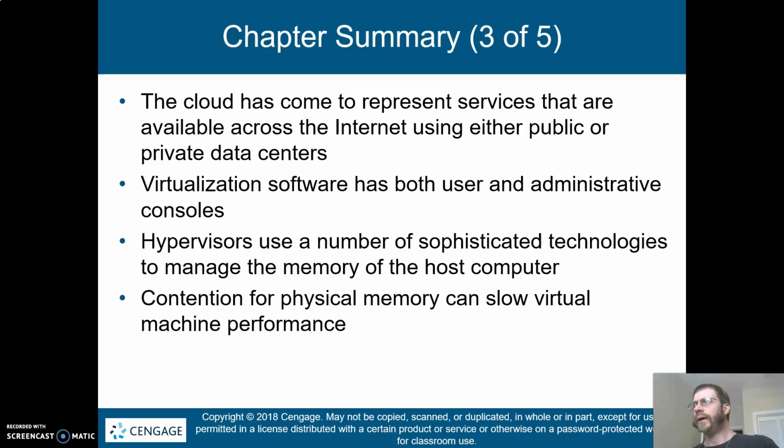Our hypervisors use a lot of interesting, sophisticated technology to manage host memory, things like shadow page tables. What we're trying to do is prevent the VMs from contending for the same physical memory, giving them chunks of virtual memory, even on the hard drive.